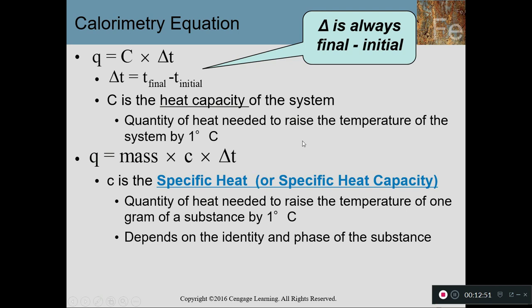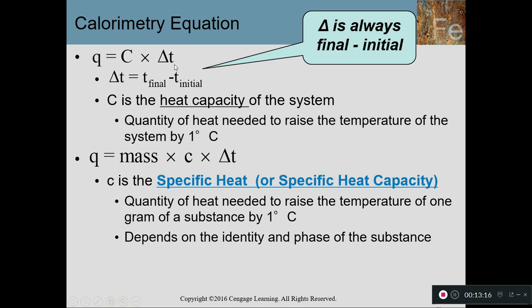So the calorimetry equation, there's two of them, and we're going to use these a lot. I want to just touch on them very briefly here, and then we're going to use them a ton tomorrow. There's one that talks about the heat capacity, and another one that focuses on the specific heat.